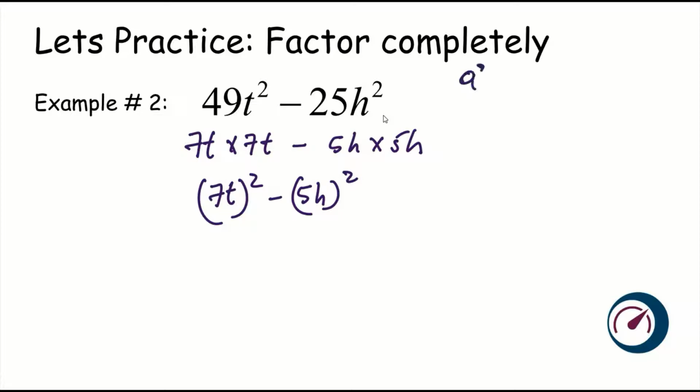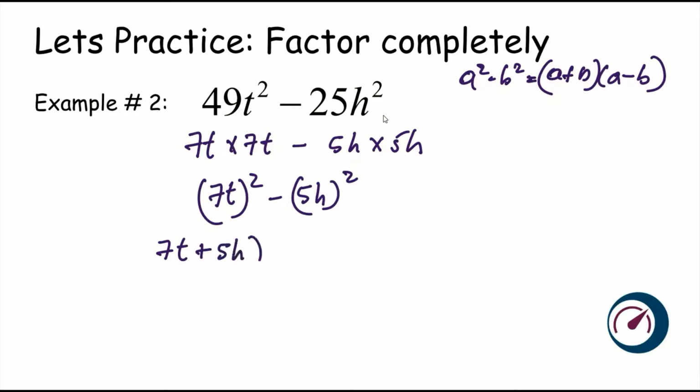So we have the form a squared minus b squared is equal to a plus b times a minus b. So our result is going to be 7t plus 5h and 7t minus 5h.